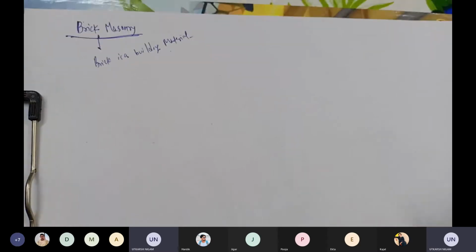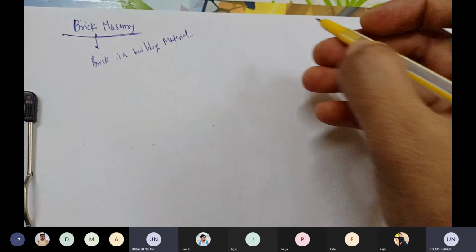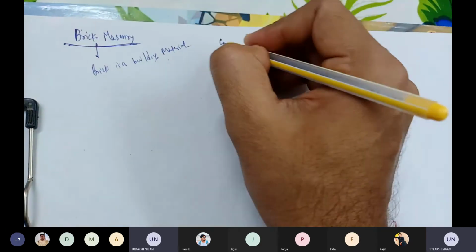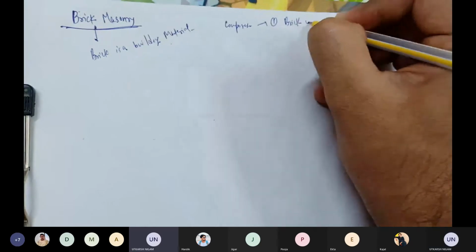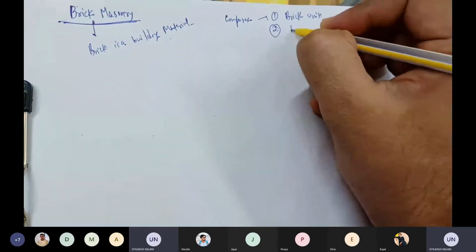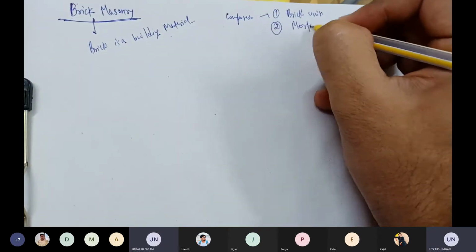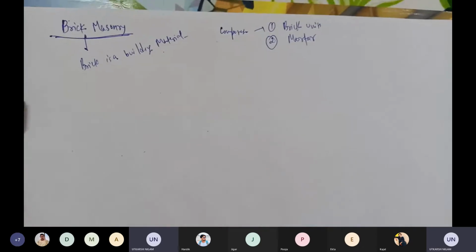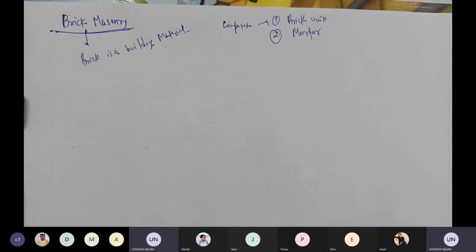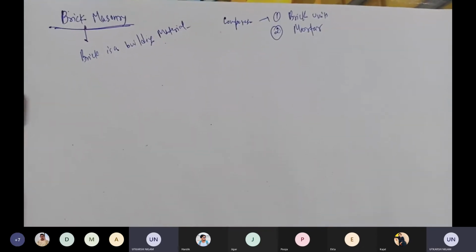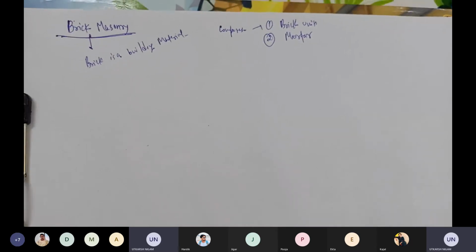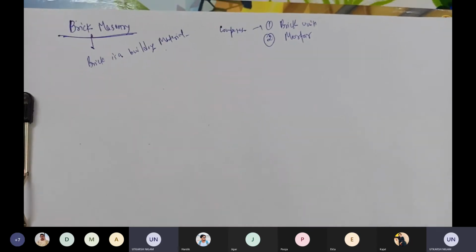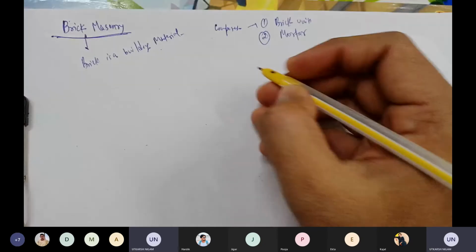So what are the components? The essential components in brick masonry are, number one, brick units, and number two, nothing else but the mortar. These are the different things. What are the types of bricks?